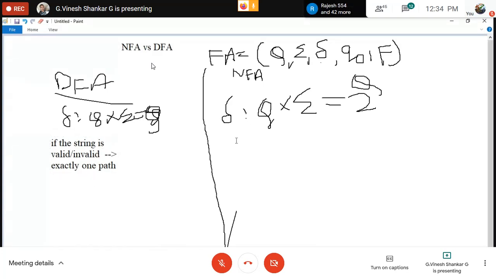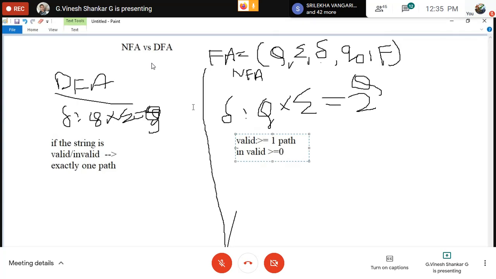Here, we can mention: if the string is valid, what will happen? If the string is invalid, what will happen? Valid means I can take it as greater than or equal to one path. Greater than or equal to one path. The next one, invalid. Sorry, invalid means greater than or equal to 0.